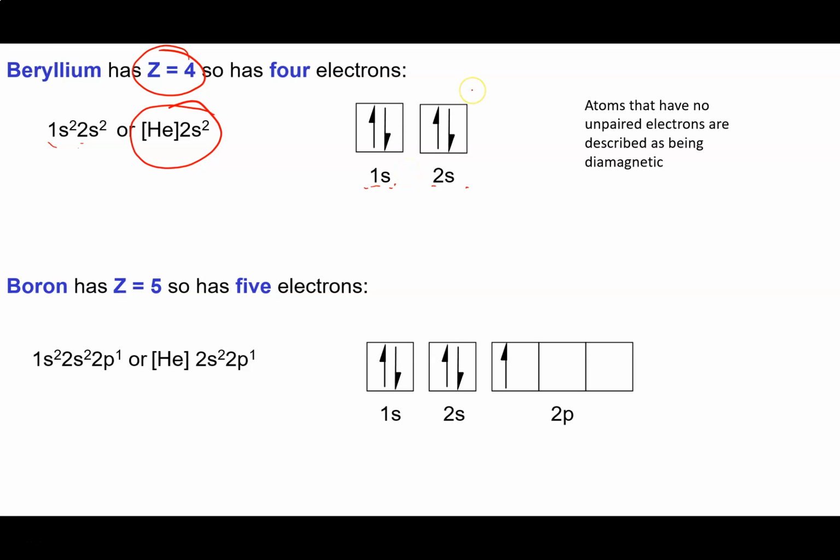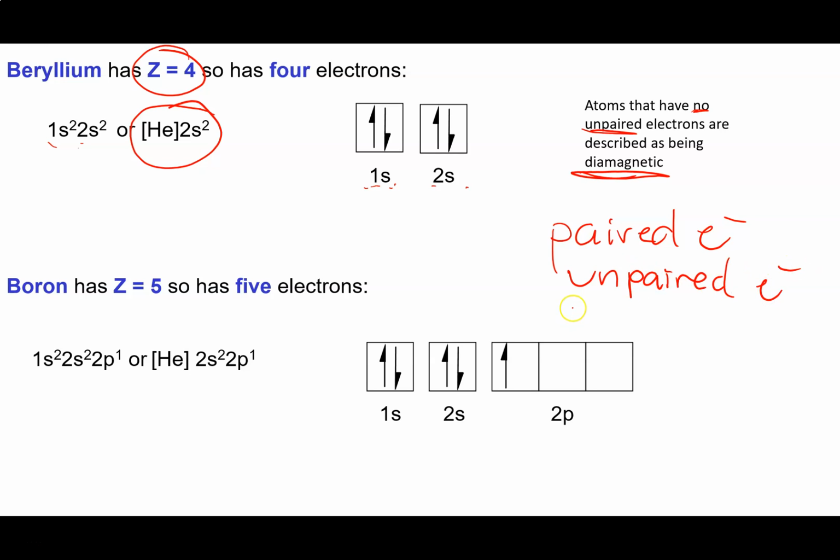Now, an atom that has no unpaired electrons has a special name. That kind of atom is described as being diamagnetic. Okay, so we've defined a few terms along the way. We have a paired electron, unpaired electron, and then now we've described an atom as being diamagnetic.